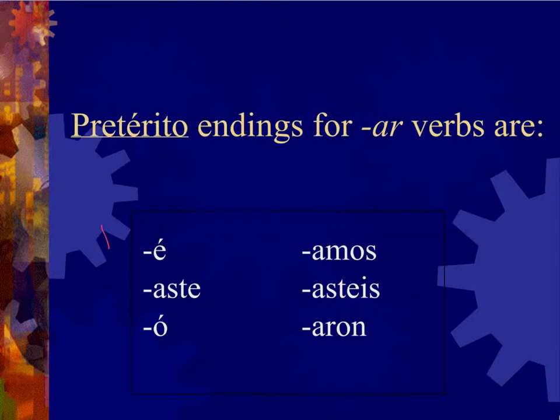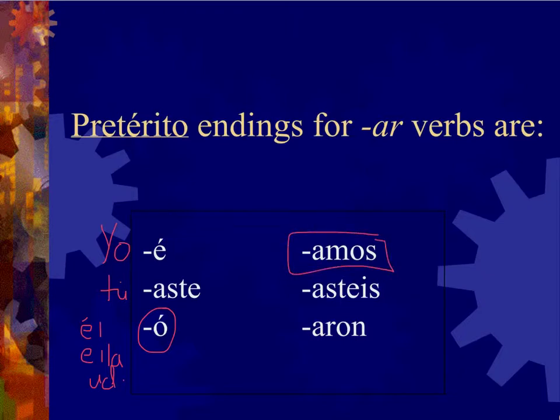So for the yo form, you're going to add é with an accent. Tú, a-s-t-e. Just like in class when I say ganaste, and you say sí, gané, when we're playing card games. For él, ella, usted, ó with an accent, which is super important because otherwise you get it confused with the yo form in present tense.